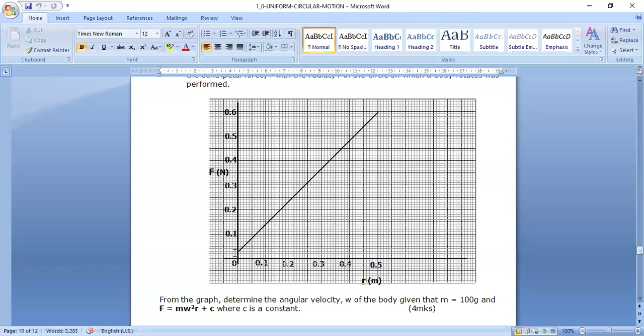Another coordinate which is clear, I can see 0.5 and 0.6. So 0.5, 0.6. Now we say that the slope equals change in F over change in r. Substituting, we have 0.6 minus 0.25, everything over 0.5 minus 0.2. So 0.6 minus 0.25 gives us 0.35 over 0.3.